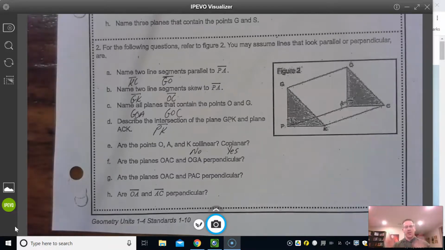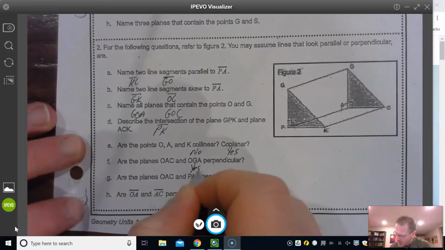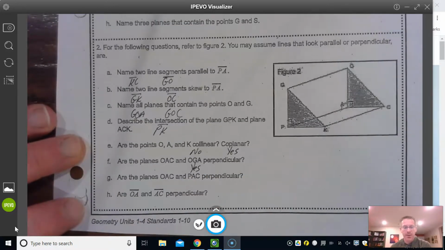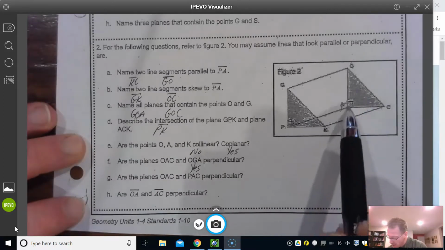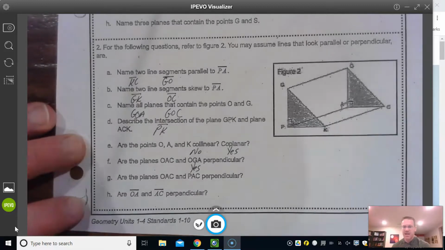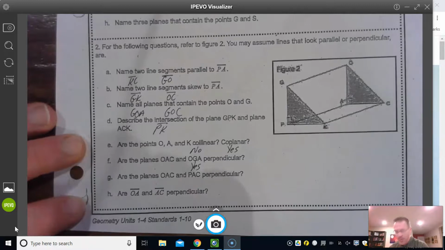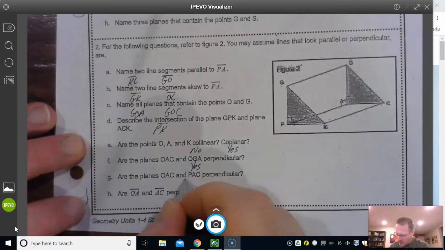So we're assuming that this is perpendicular there. Okay, our planes AOC, which again is the right side over here, and PAC, which is the floor. And once again, yes, we're going to assume that that is perpendicular to the floor. All right, most walls are, right?